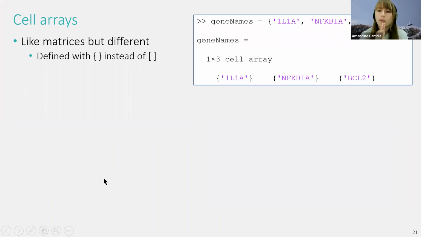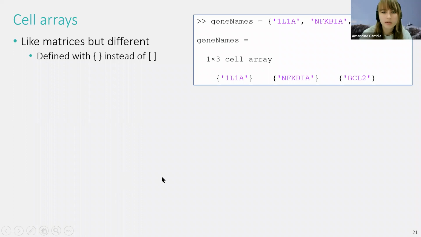Okay, now we're going to move to cell arrays, which are kind of like matrices, but a little bit more flexible. But for lots of things, they work like matrices. They're very useful when you work with character strings, because it can be a bit of a mess when you handle character strings in MATLAB.